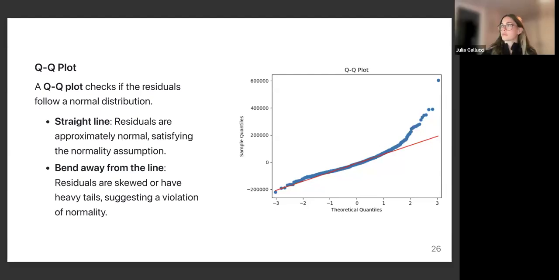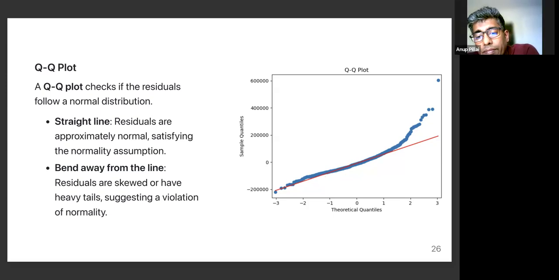Let me see if I can find a quick reference for you. Honestly, especially within Python, there are often pre-existing packages that do this. We'll see it within the slides. There's literally a line of code that creates these plots for you, and you just plug in the residuals that you obtain from your model, and it outputs something like this.